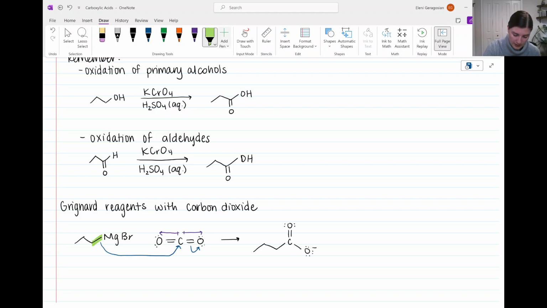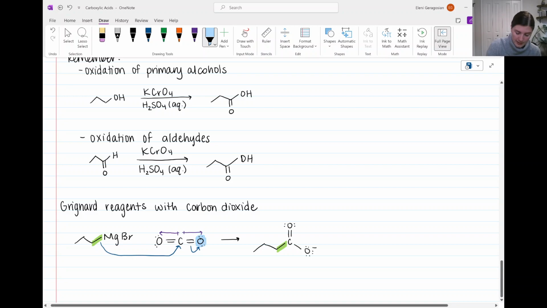So let's trace some atoms and electrons here. The electrons in the bond that I highlighted in green from the organometallic reagent are now the electrons in this bond between the two carbons. So that's that new carbon to carbon bond.